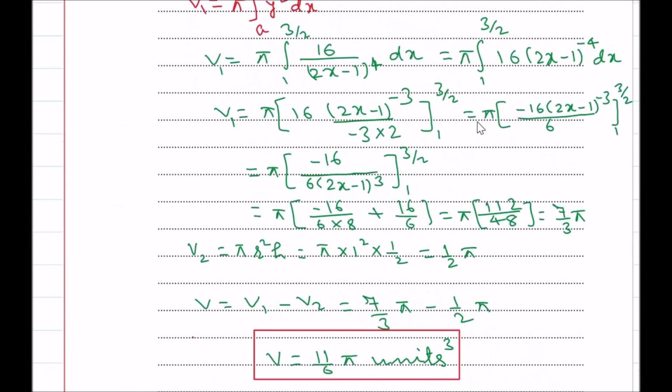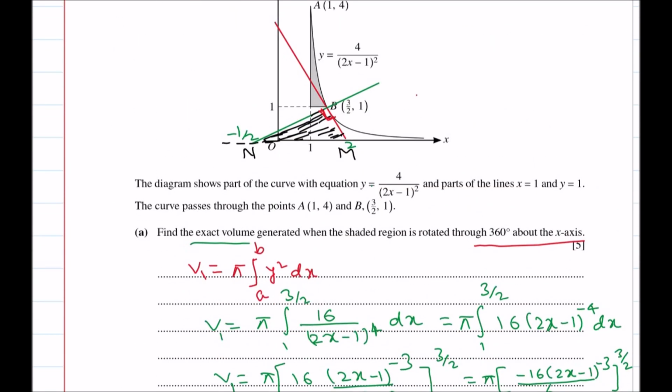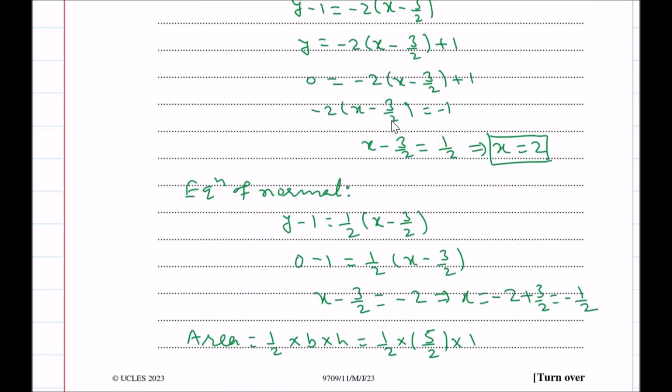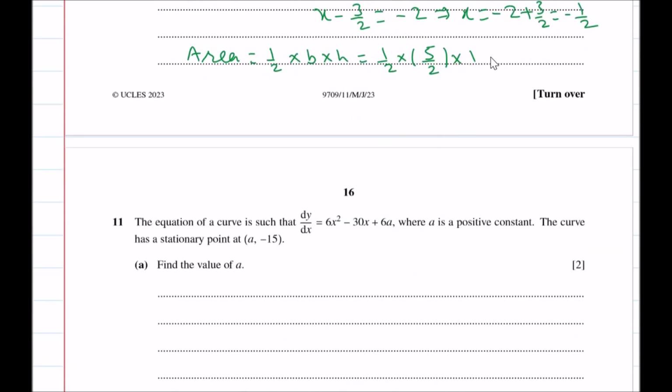You can see here why height is 1, because from here to here, this is 1. And then the area is 5 by 4 units square. So this is the final answer. I found this time the space was a little short, no problem, but we managed.